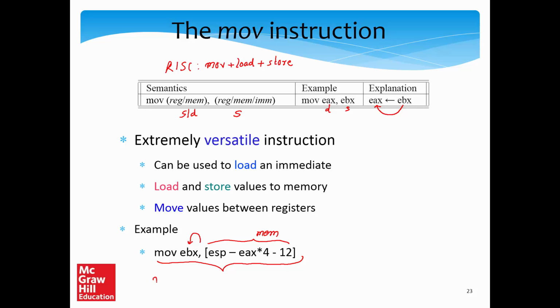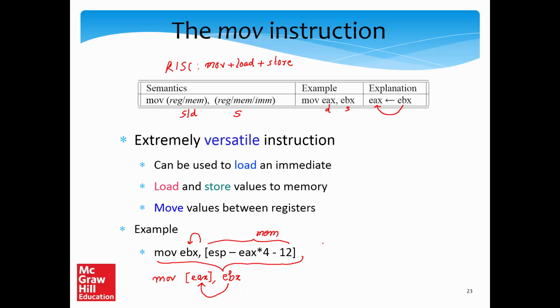I could have similarly just interchanged both and written the reverse. This actually would have been a store because we would have read the value of EBX and put it in a memory address.